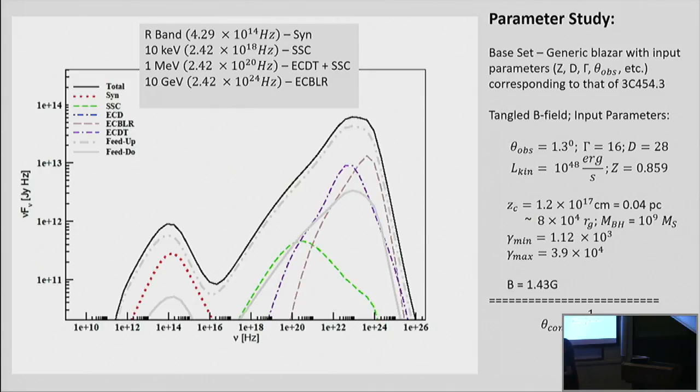And by the time you move to the Fermi range, the 10 GeV range, it is really only coming from the BLR. So this, and the components that I apologize for that, are the two radiative feedback components that I'm trying to show here, but they are actually in gray and it's not very visible.